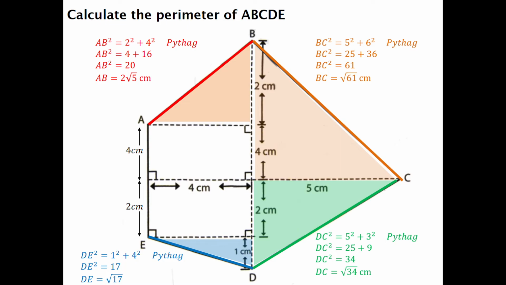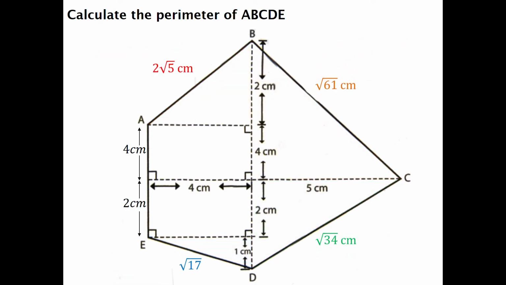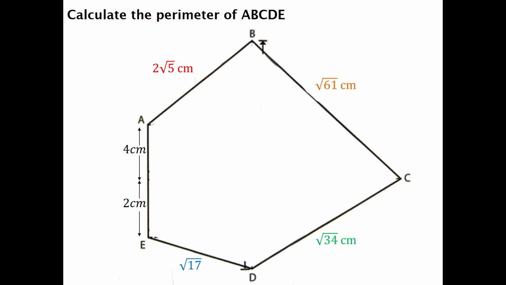So I've calculated all the sides that I need to calculate, and I've got the other sides, which are 4 and 2. Basically I'm working with something that looks like this. So there's all my sides. Like I said, we don't need anything from the inside, so I'm just going to go ahead and erase all of that. And now I can find my perimeter. My perimeter will be equal to the sum of all of those sides.